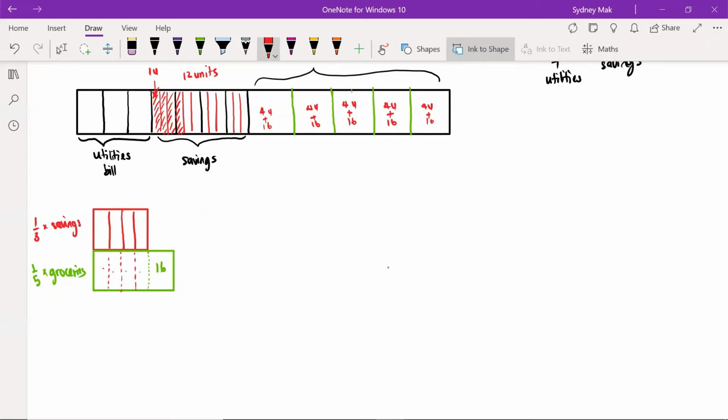Since the black block here is the same size as each black block in the savings, it can also be divided into 3 red blocks in each big block. All in all, we can count.